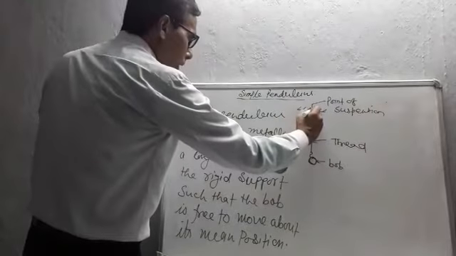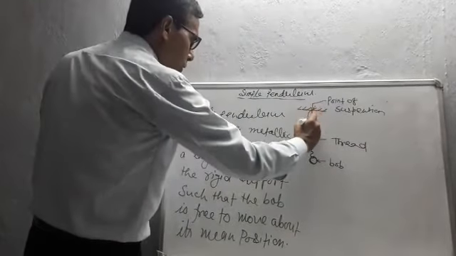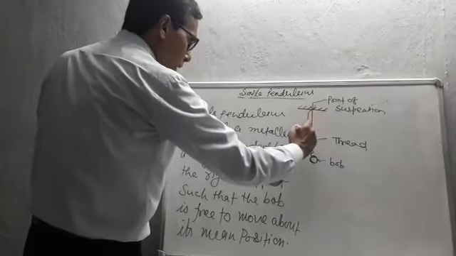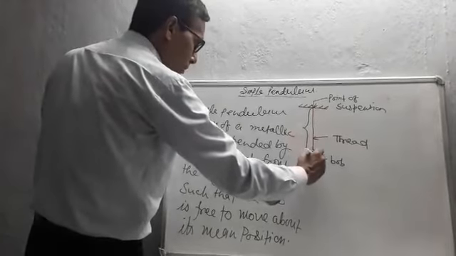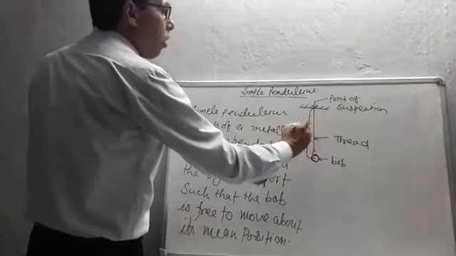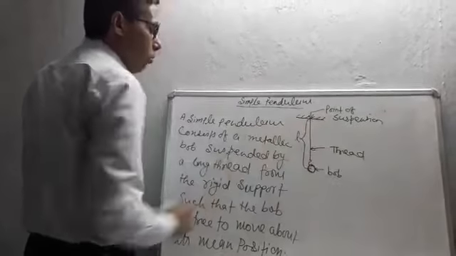So the length of the thread from the point of suspension to the center of the metallic bob is called the length of the pendulum.